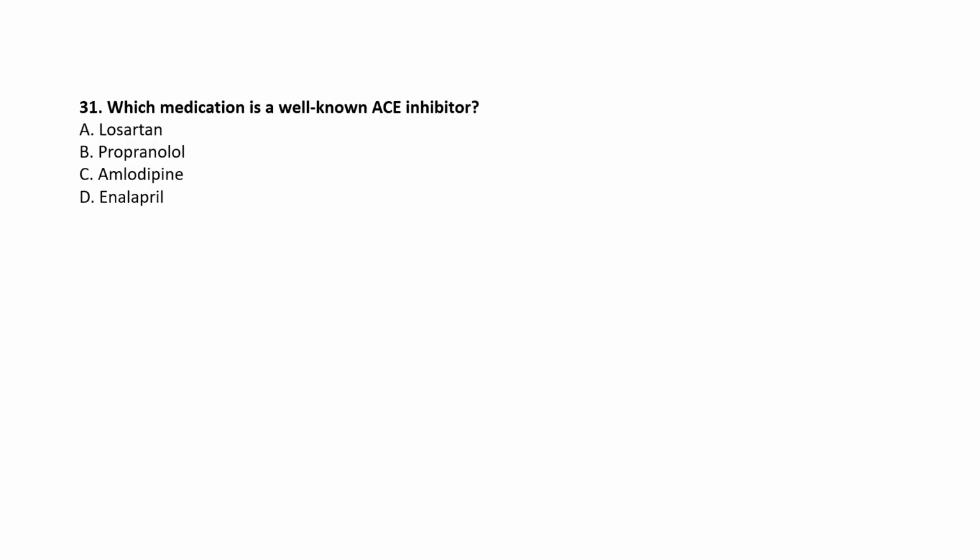So you have the same effect, which is vasodilation, decreased levels of aldosterone and lower blood pressure, but you don't have the bradykinin level increasing. So I guess some doctors would prefer it over enalapril for certain reasons.